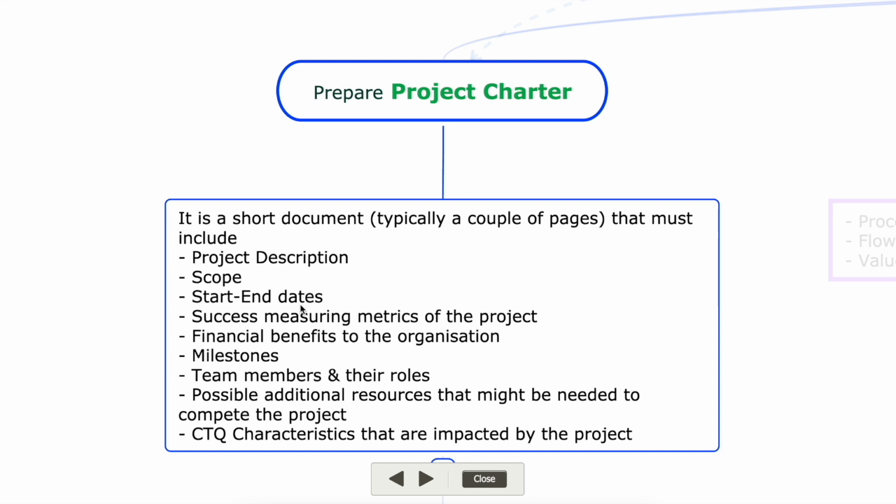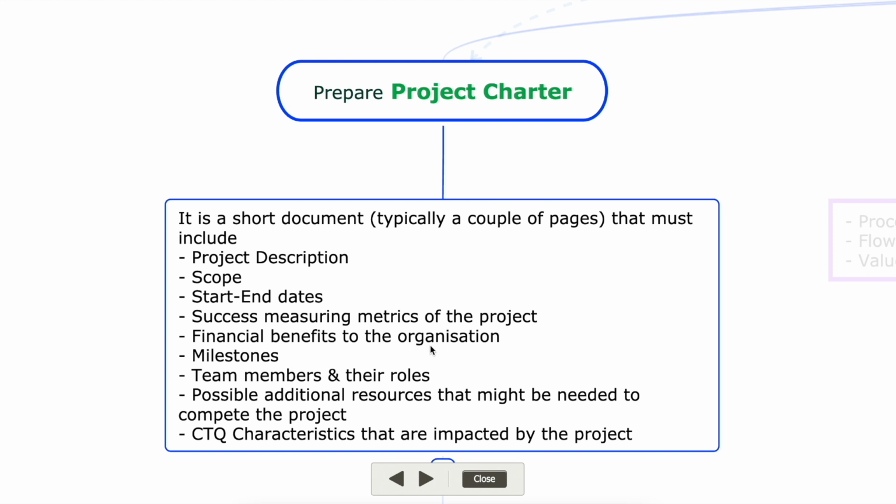It should also include success measuring metrics, meaning how we will determine the success of the project. What are those metrics which will help us assess or measure the success of the project?